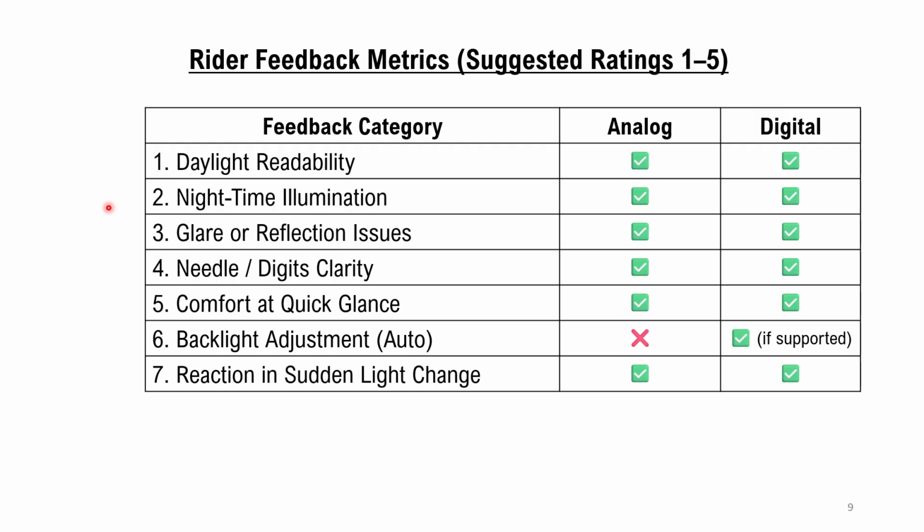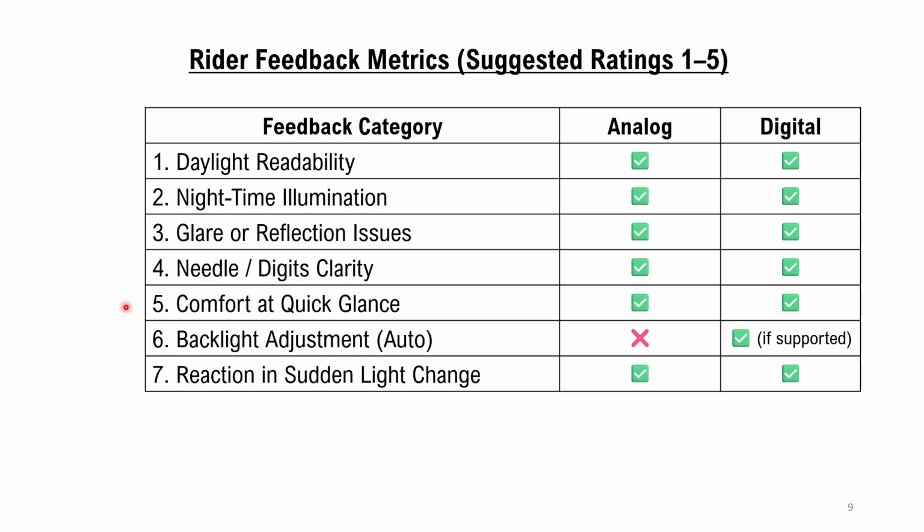Number two, nighttime illumination. Number three, glare or reflection issues, if any. Number four, needle or digital clarity is also to be rated by the rider from the rating scale of 1 to 5, and the speedometer is to be declared pass or fail accordingly.